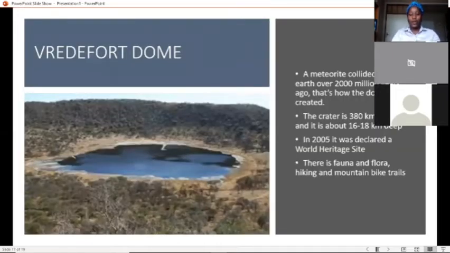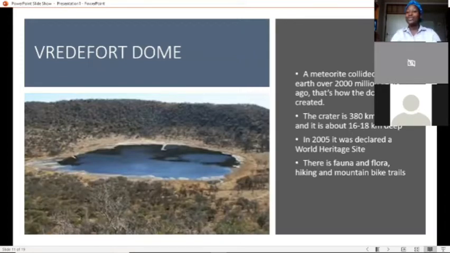Now the Vredefort Dome, it happened long ago, right? Our parents were not here, our great-great-parents were not here. It happened 2,000 million years ago. I don't even want to imagine what was happening there. But for the crater to happen, a meteorite collided with Earth, right?